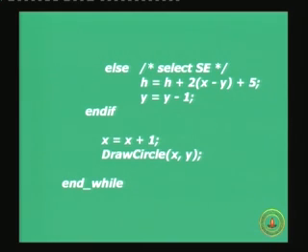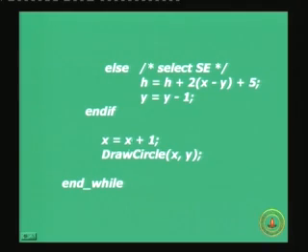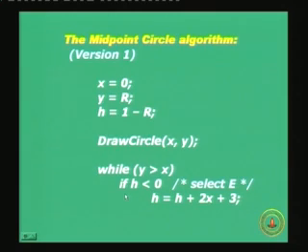You remember, let us go back to the previous slide. You started with the while loop when y was more than x. Okay. Y was greater than x. And then of course, you had an if statement here. So, this end if and end while shows the condition when you will finish the if and when you will finish the while. Only remember that the draw circle command draws all the 8 points together, not only the point in the second octant, but all the other 7 octants as well.